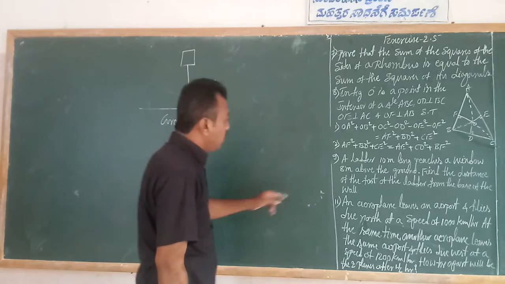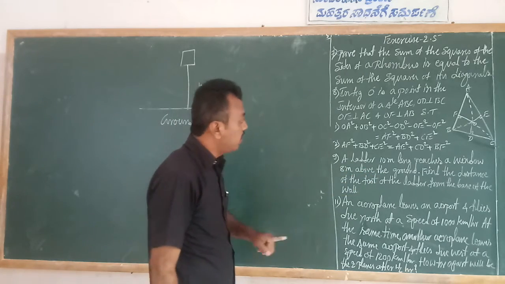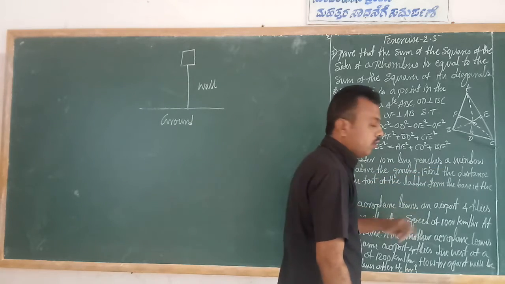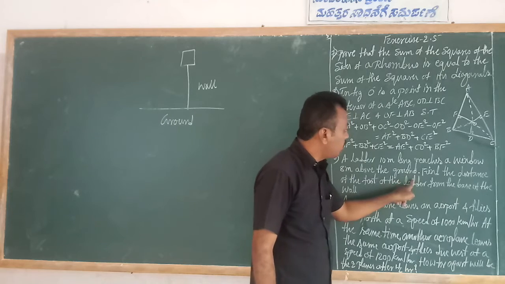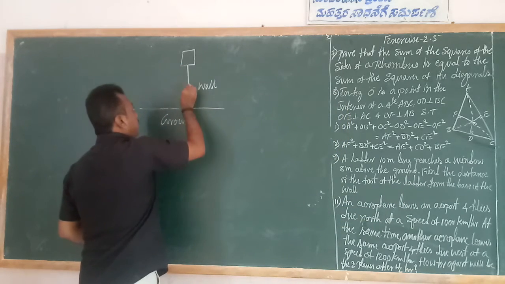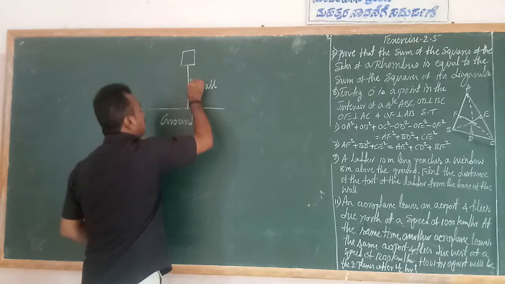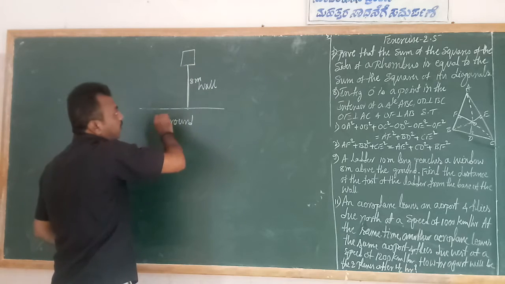Okay, see, a ladder 10 meter long. The length of the ladder is 10 meter. It reaches a window, 8 meter above the ground. How much height is the window? On the ground, it is 8 meter in height. So the height of the wall is 8 meter, correct?